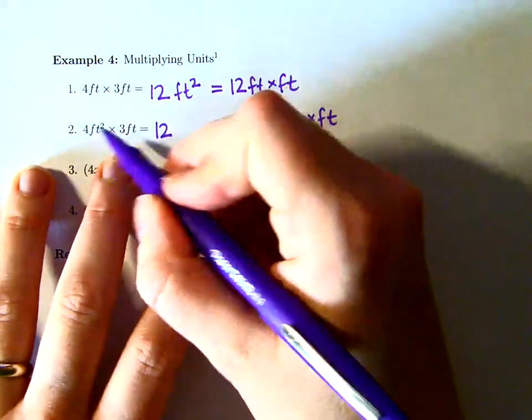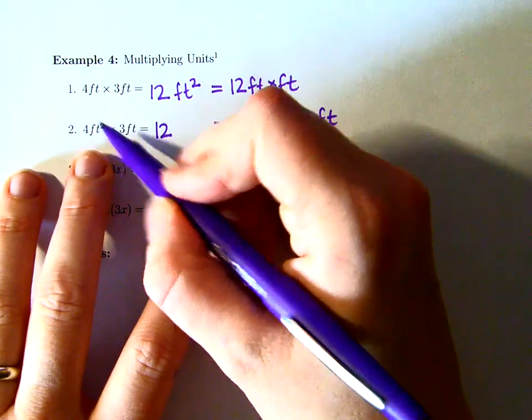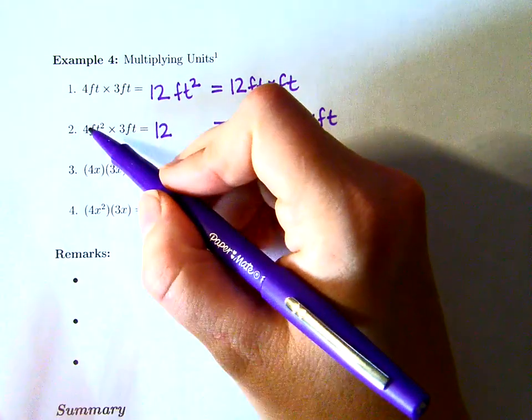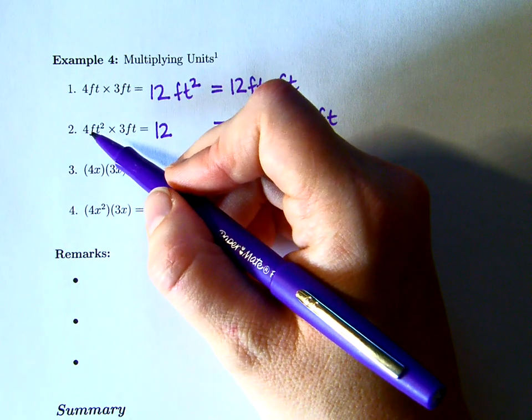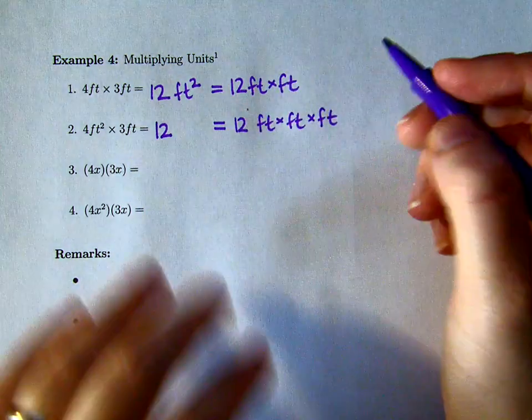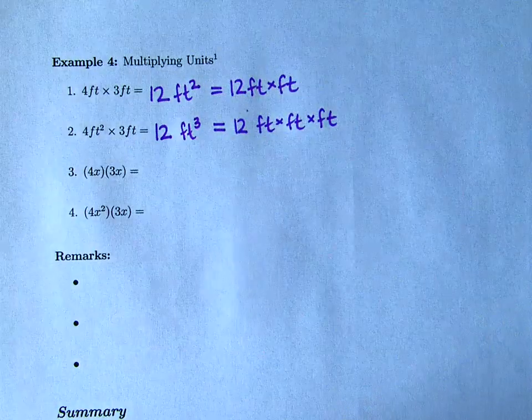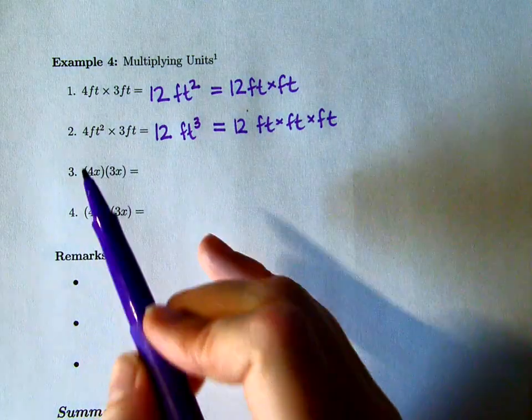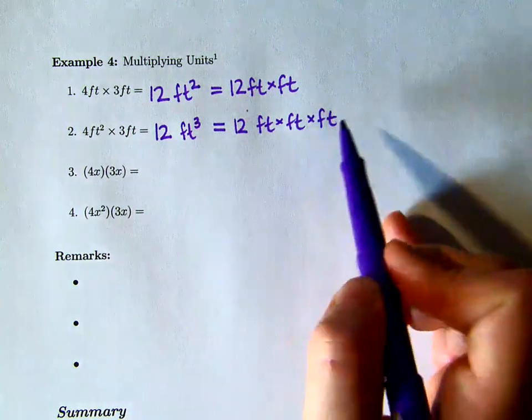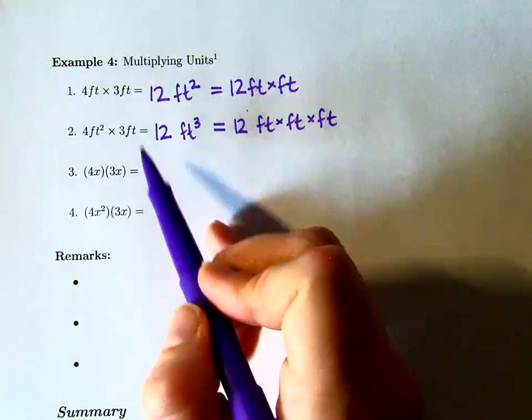So this is actually a volume of, I don't know, maybe a square with the height of 3. So 12 cubic feet. Because now we have square feet, or feet by feet, and then by another height of 3 feet.